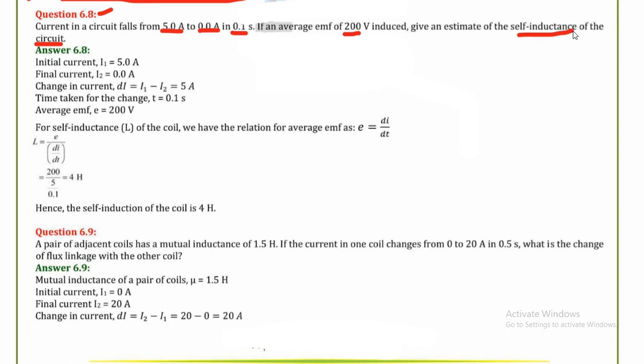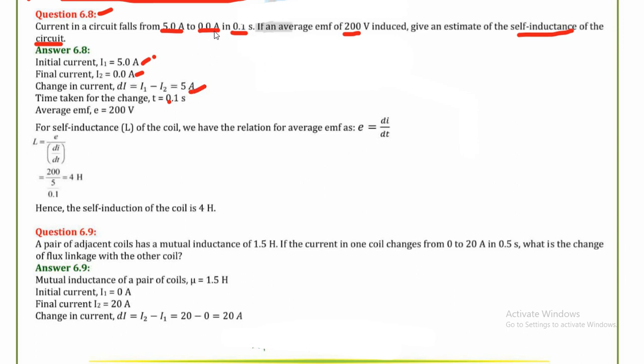Okay, so first try to write the given quantities in this question. You can try this question by yourself. Pause this video and try to solve the question by yourself. But the first point is to write the given quantities. You can see the initial current is 5 ampere, the final current is 0 ampere, and the time interval for this is 0.1 second. The change in current in this process is 5 ampere.